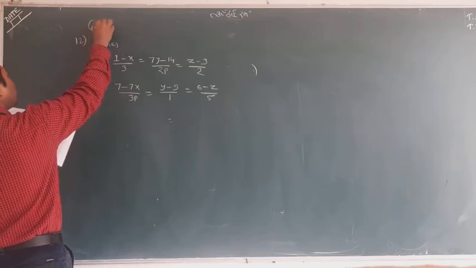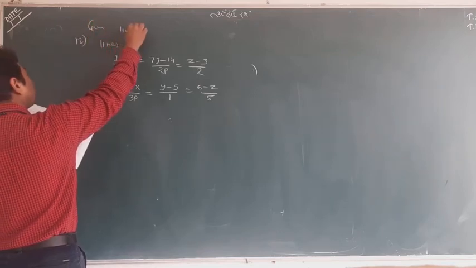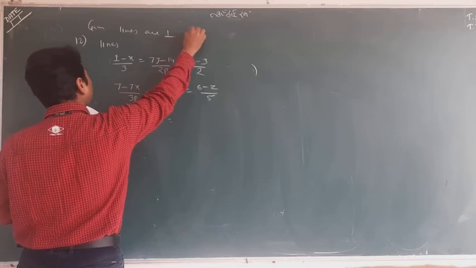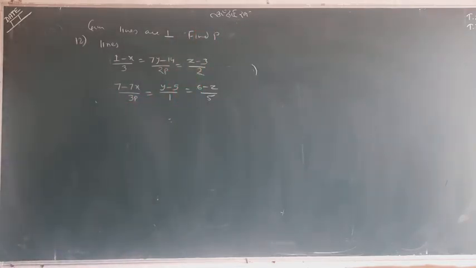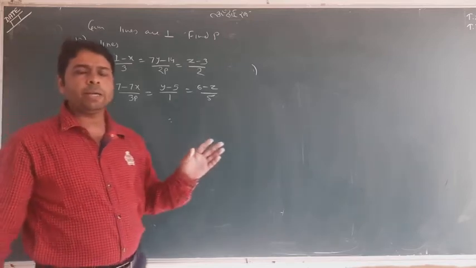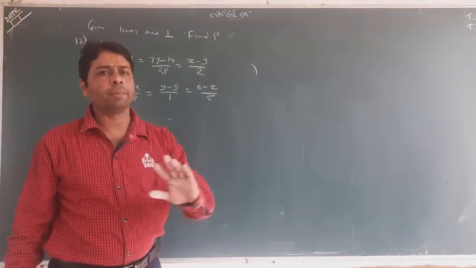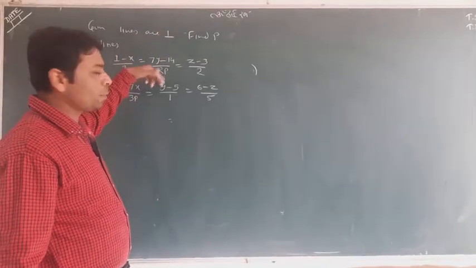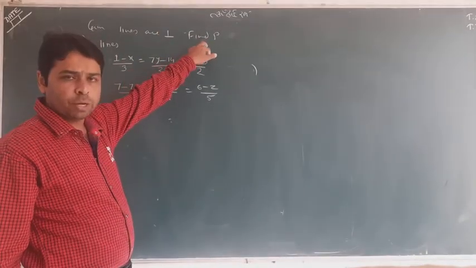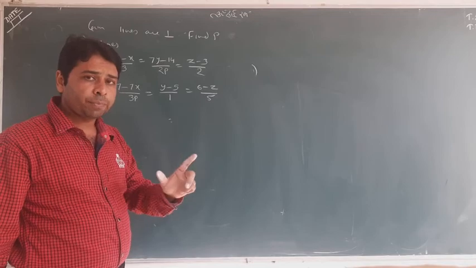Given that the lines are perpendicular, find p. A very important question this is. This question can come. Given that these two lines are perpendicular, we need to find the value of p.